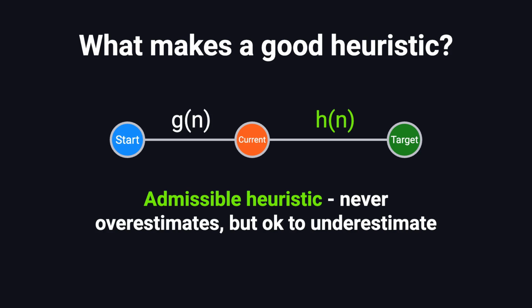In other words, it's okay if the heuristic underestimates the actual distance. That just means the algorithm might explore a bit more. But if it overestimates, we could miss the shortest path. As long as h(n) is always less than or equal to the actual shortest distance to the goal, we call it an admissible heuristic, and A* is guaranteed to find the optimal path.